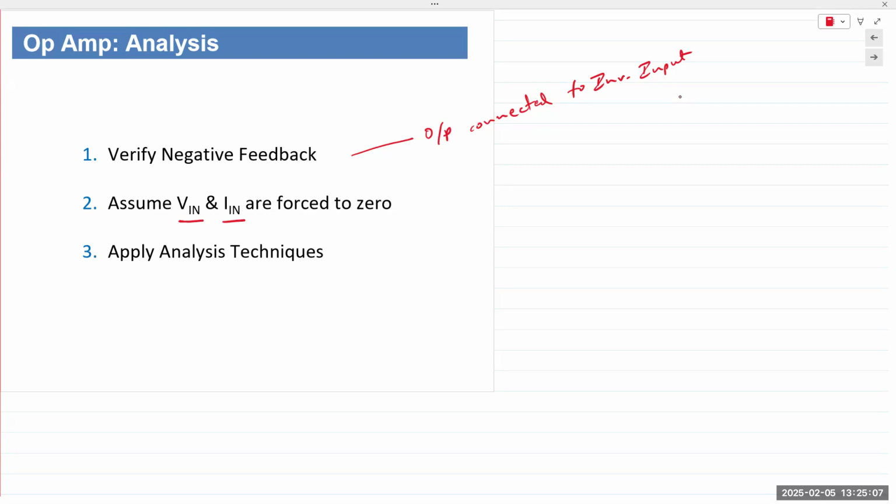And then you apply your analysis techniques: KVL, KCL, and Ohm's law.